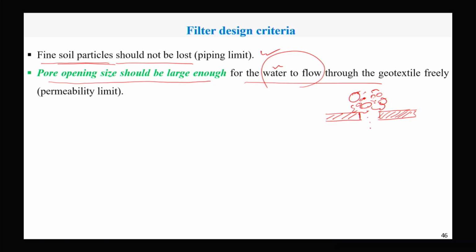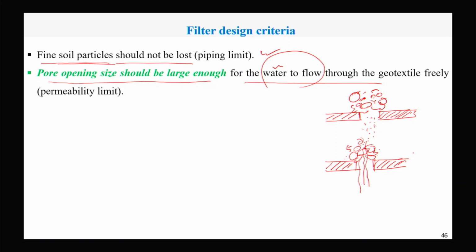Initially there will be some piping that we cannot avoid for some time, but after that, when stability, equilibrium is reached, a stable structure is formed, through which water will flow easily, but even the smallest soil particles will be retained.